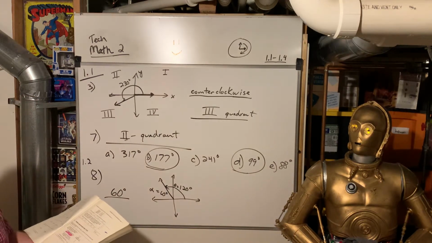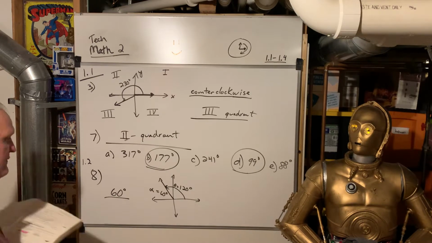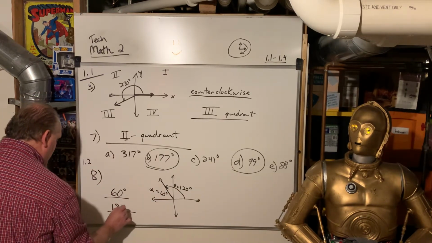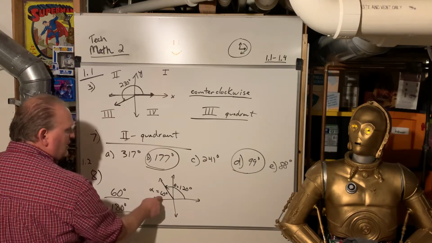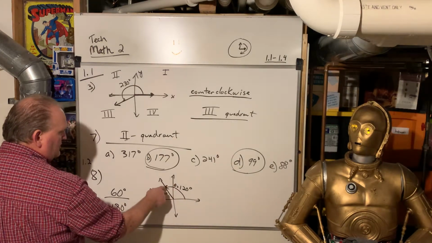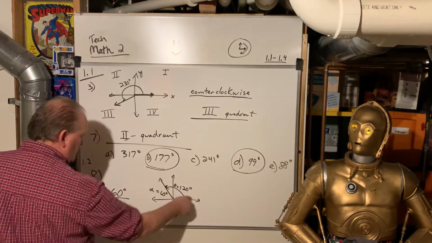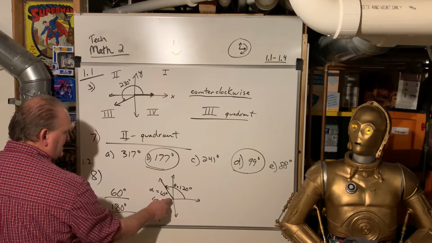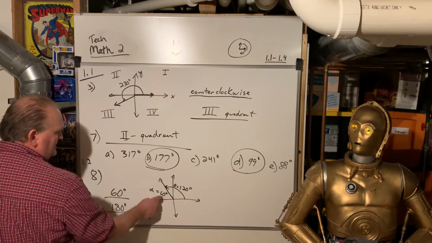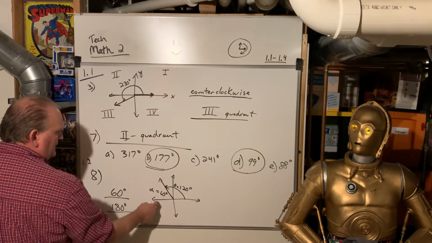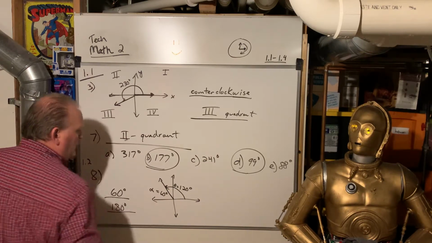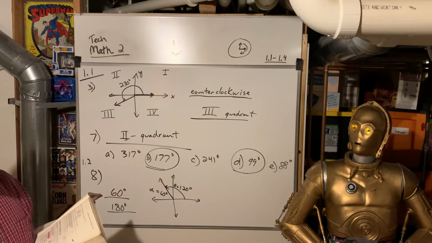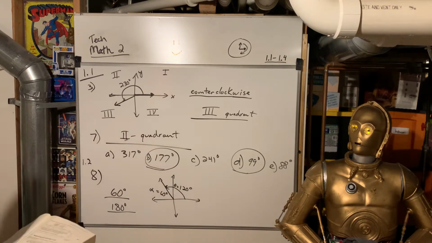And the sum of theta and alpha, so 120 plus 60, is 180 degrees. I expected them to make us find that. This is called the reference angle. So 120 degrees off of the positive x-axis is the same as 60 degrees in the second quadrant. That 60 degrees is called its reference angle. So a reference angle is whatever angle it makes with just the x-axis, positive or negative x-axis.